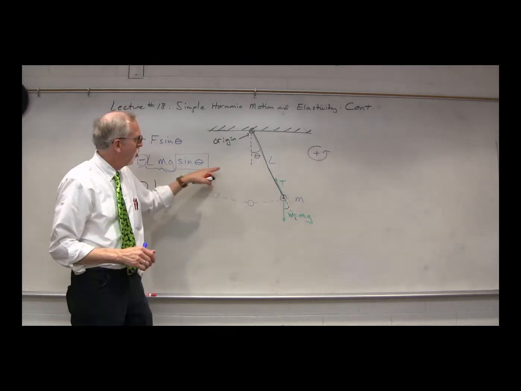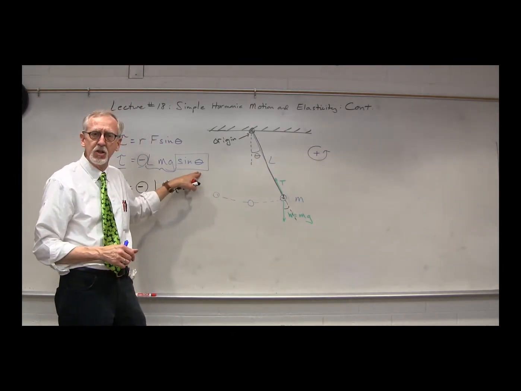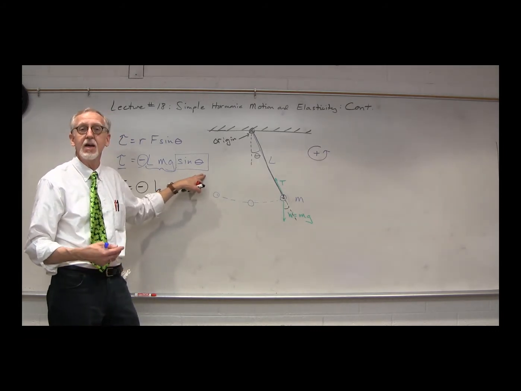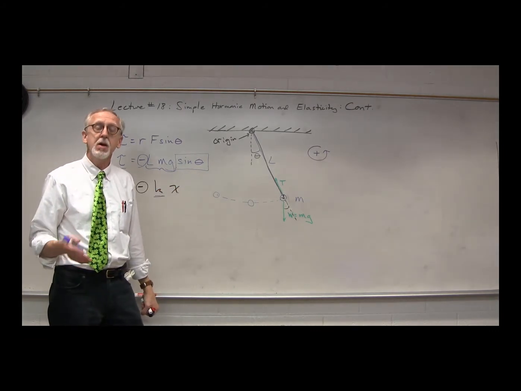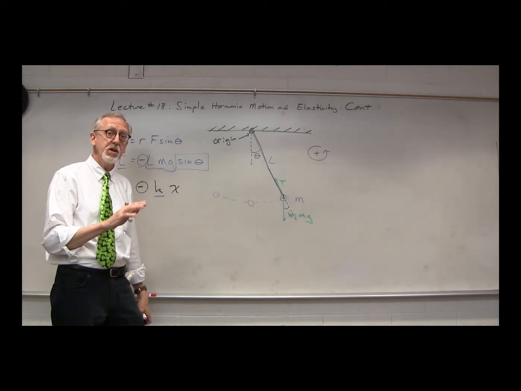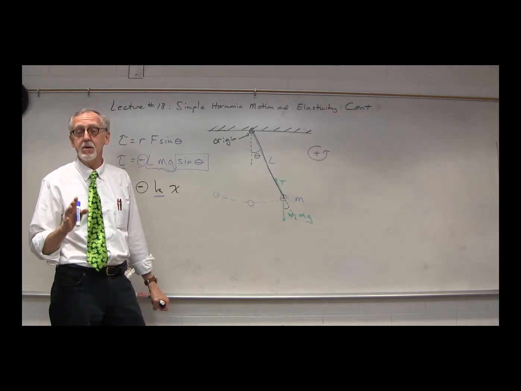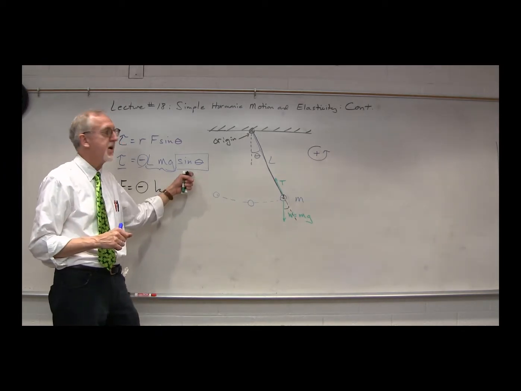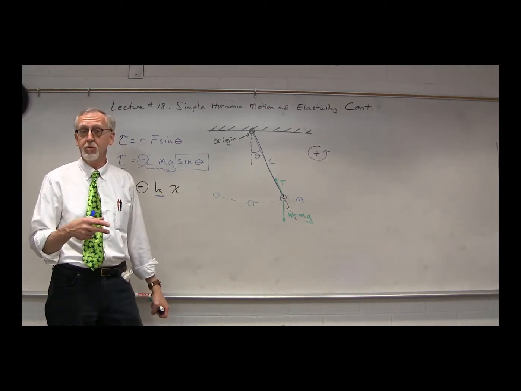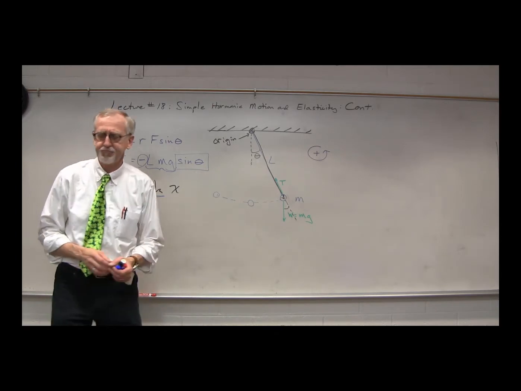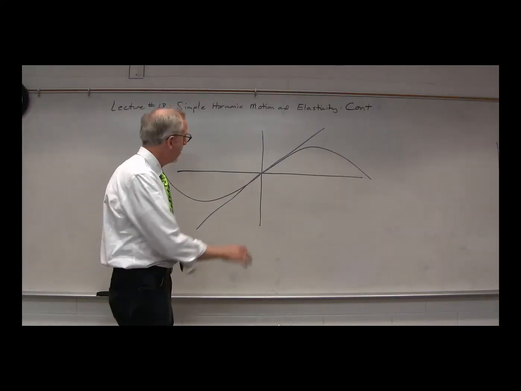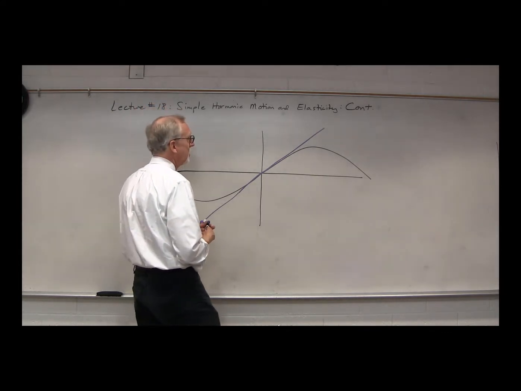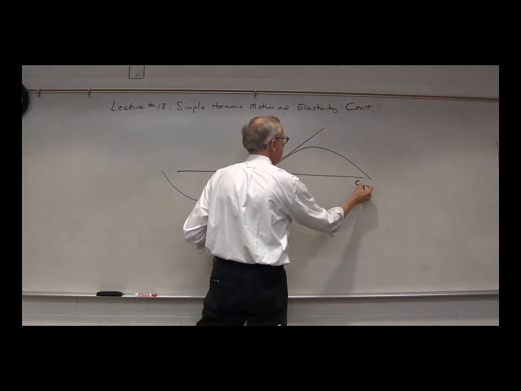However, what does the sine of an angle look like in terms of the angle? What does sine theta look like as a function of theta? Now, let's keep in mind, we're going to look at this in terms of theta being in radians. So, if theta is in radians, how does sine of theta compare to theta? Let's look at that. Okay, so here I have sketched a sine function as a function of theta.